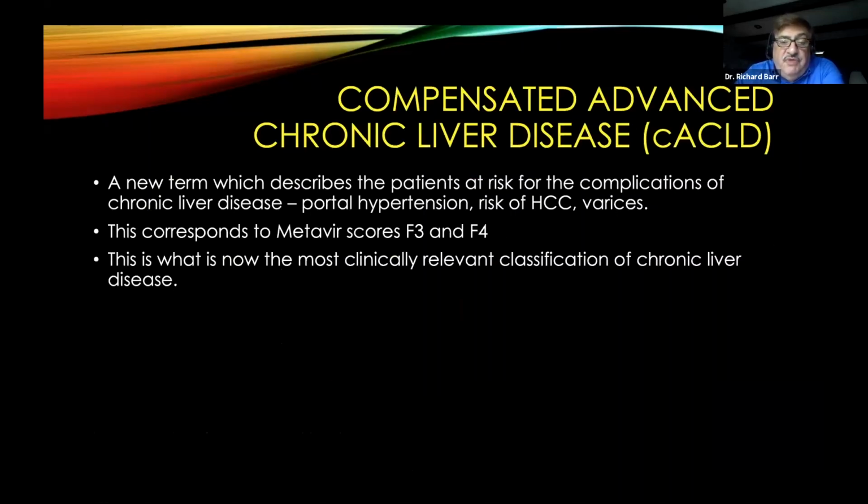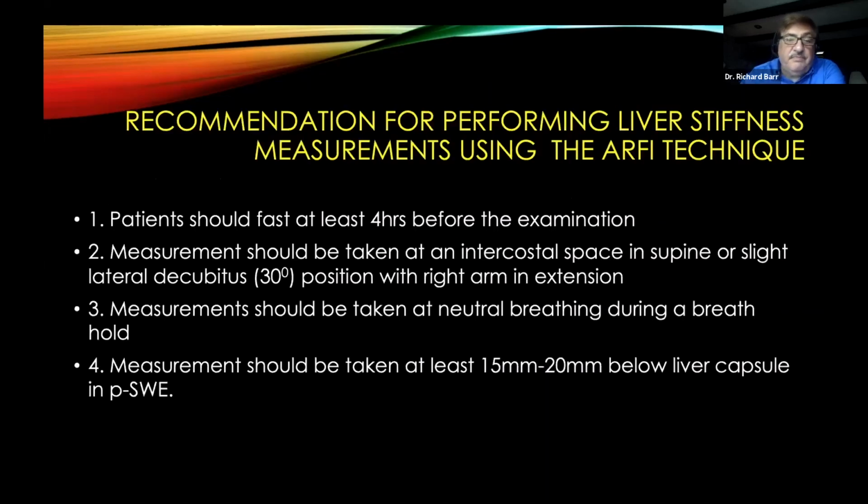This is a new term that describes patients at risk for the complications of chronic liver disease, portal hypertension, risk of hepatocellular carcinoma, and varices. This corresponds to METAVIR scores F3 and F4, and this is now the most clinically relevant classification of chronic liver disease. So almost all of the guidelines now recommend us not using METAVIR scores, but evaluating the patient based on the probability of them having compensated advanced chronic liver disease.